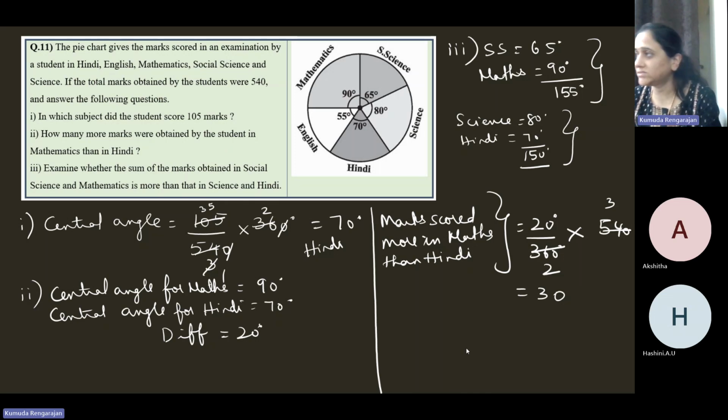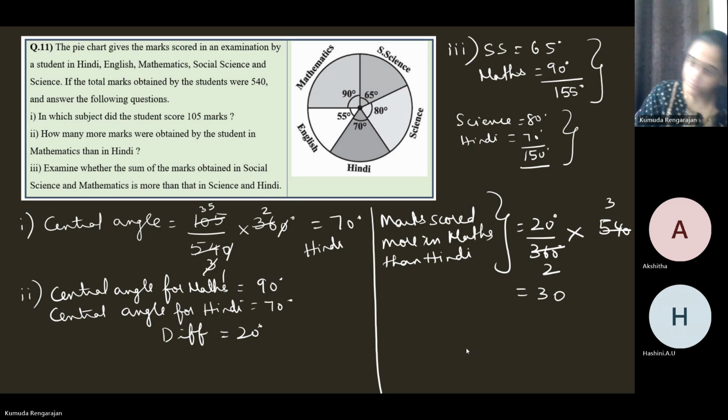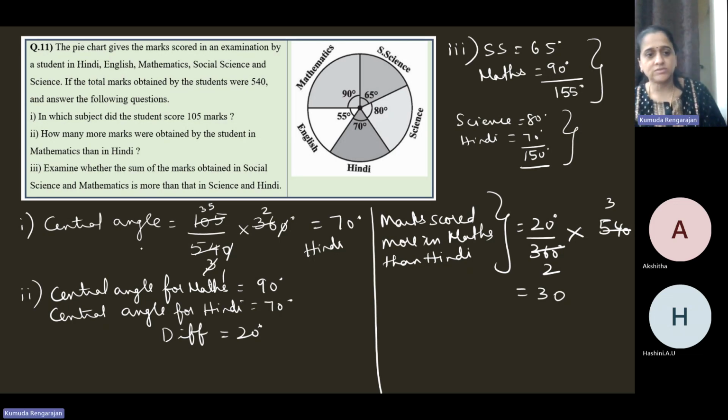See, there are two ways, I told you. One is you can construct a proportion. Otherwise, you can work it like this. The third sub question is the sum of the marks.